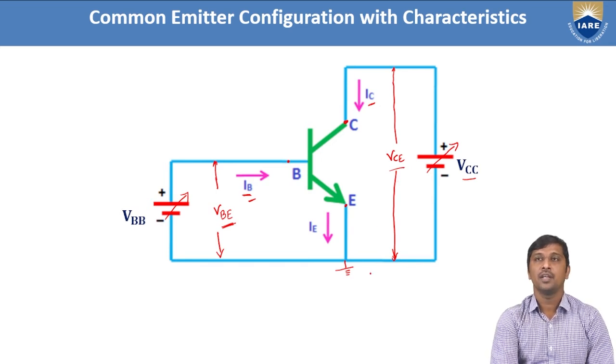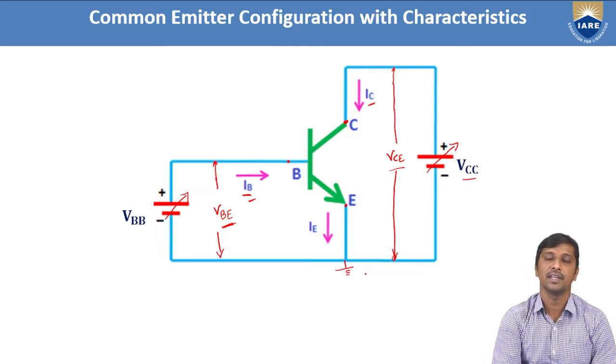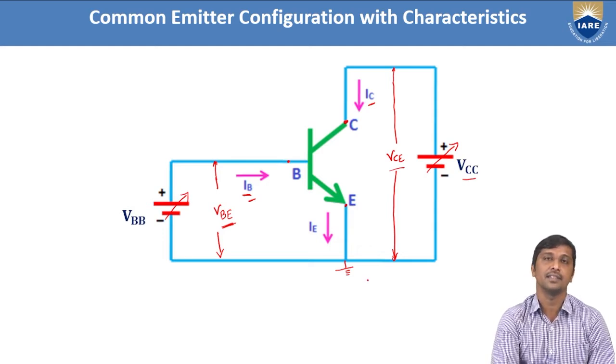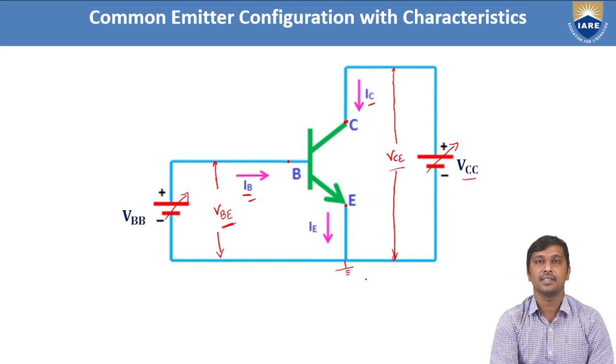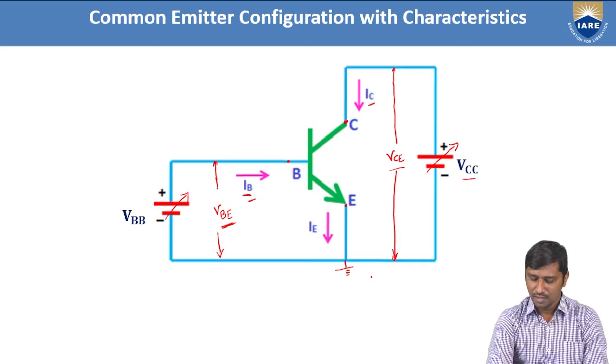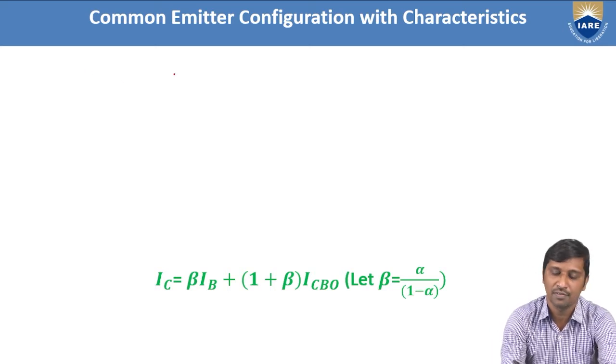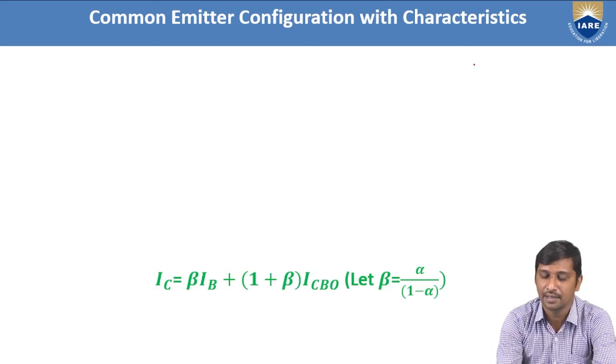And now we need to find out how much current flows across this configuration. Similarly, if you observe the common base configuration, the current flowing across the transistor is represented as IC equal to alpha times IE. In this case, let us consider the DC current gain.